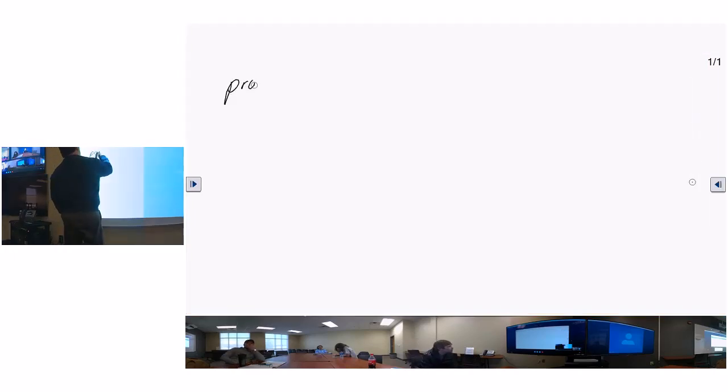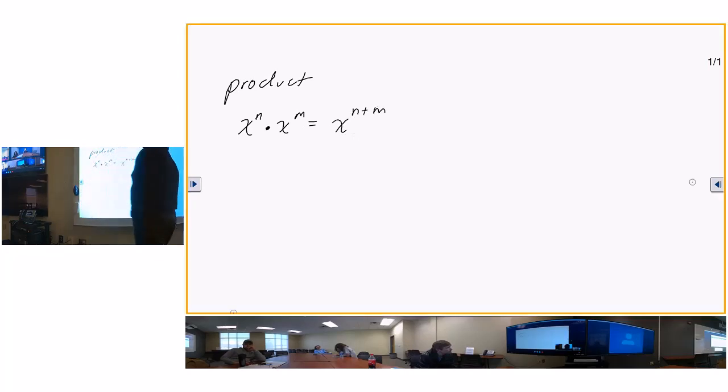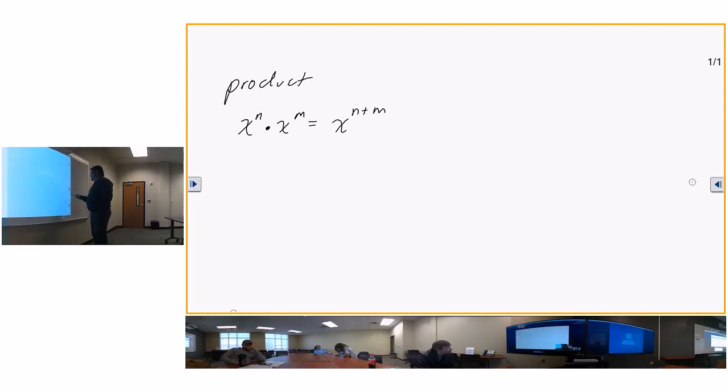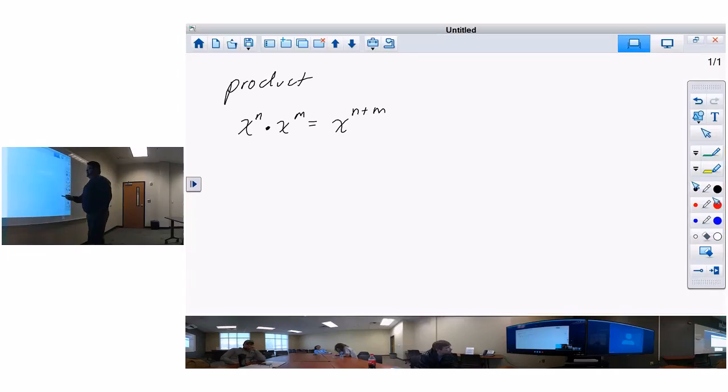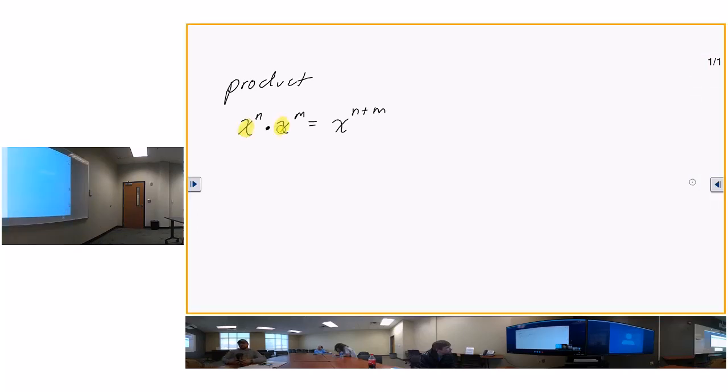The product rule says that if you have x to the n power times x to the m power, when you are multiplying, what do you do to the exponent? You add them. That is the product rule. But make sure the bases are what? The same. These 2 guys have to be the same for the product rule and quotient rule to work.